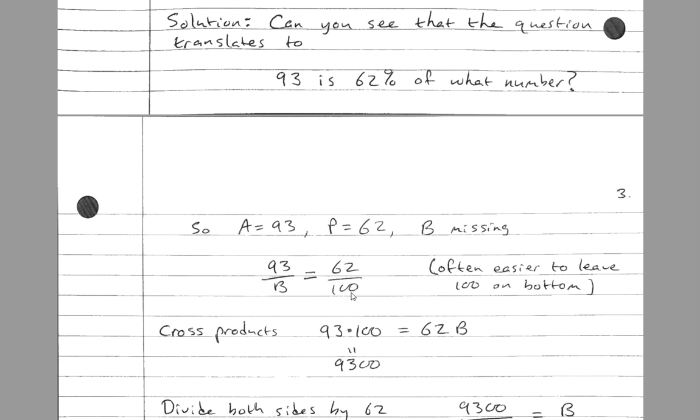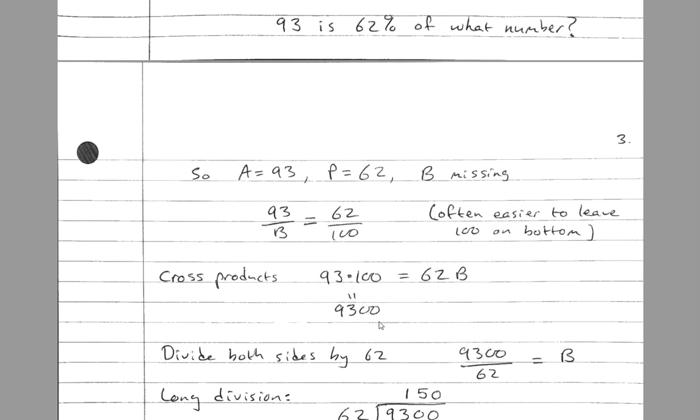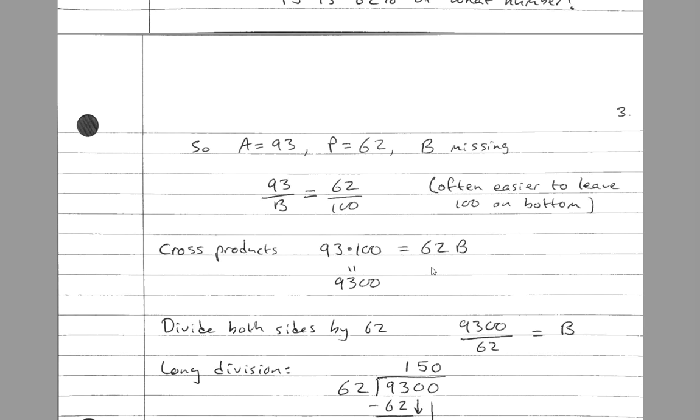We could simplify this, but it's better to keep the 100 on the bottom. 93 times 100 is 9300, and that's equal to B times 62. So we're solving this proportion by setting the cross products equal. The third step, divide both sides by 62 to get 1b.